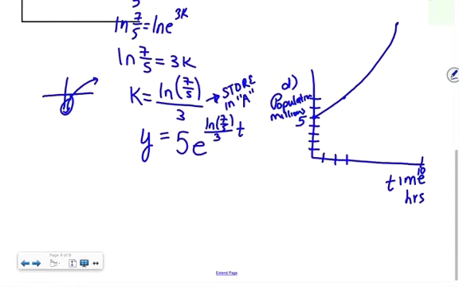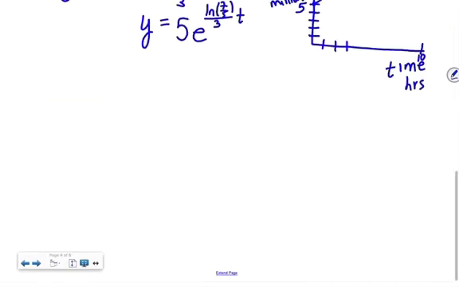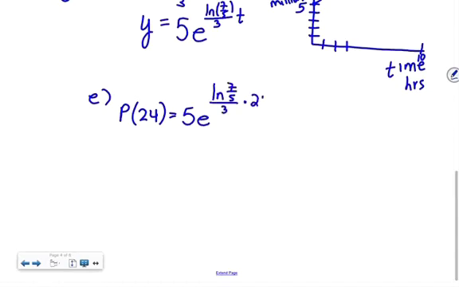And then see if you can figure out when the population's going to reach 1 billion. For a full day, how many hours would that be? Yeah, 24.